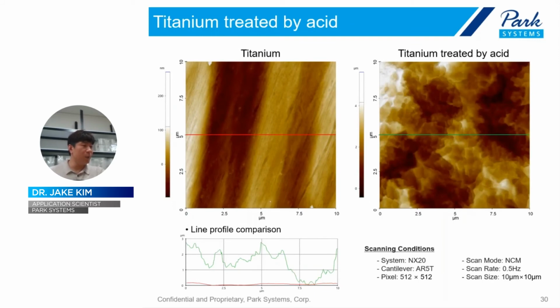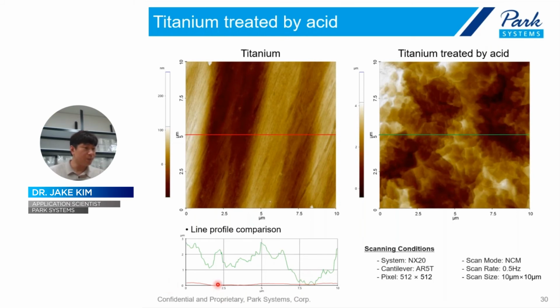And next is a good example of surface modification. From the bare titanium surface, we can investigate the changed sample surface due to acid treatment. Also, we can look into the numbers from the line profile here.